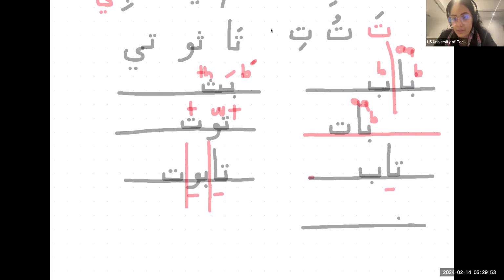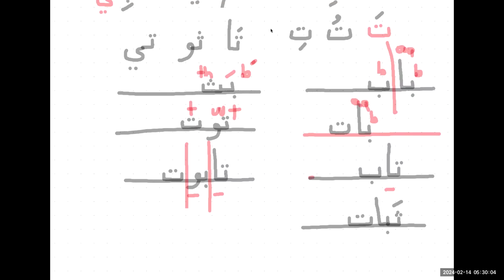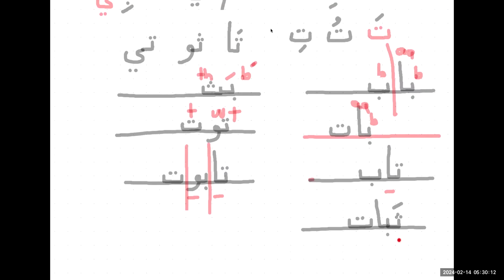Honling, let's do this one, but let me first write it down. So with you, Honling, please. So the first one is... it's tha, no, sa.